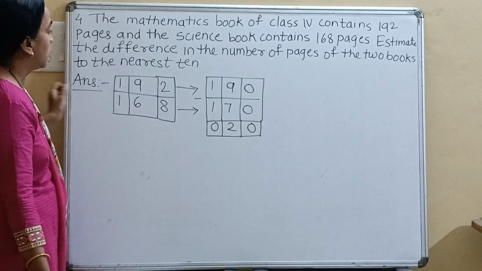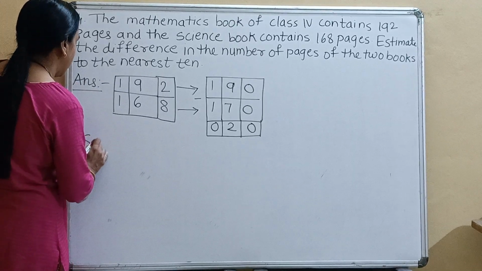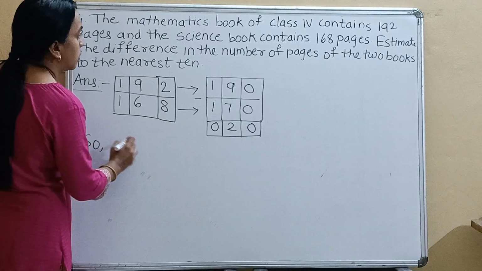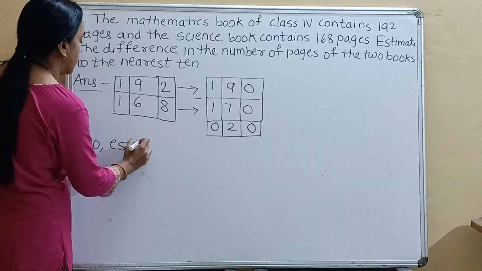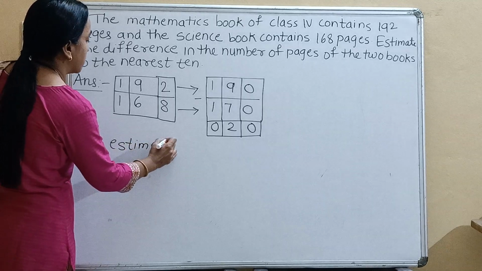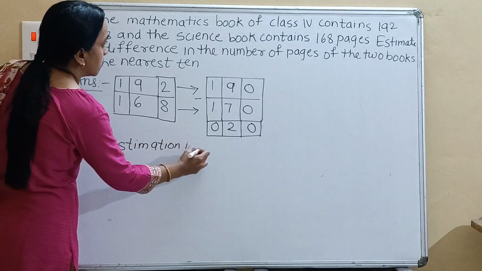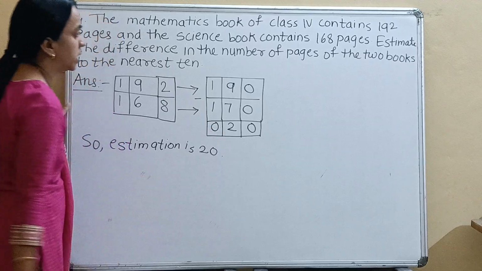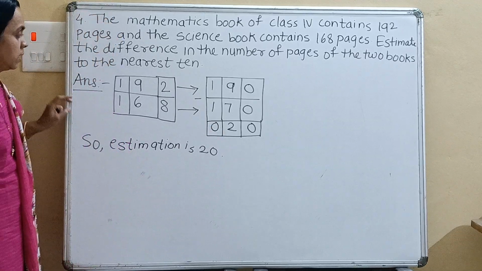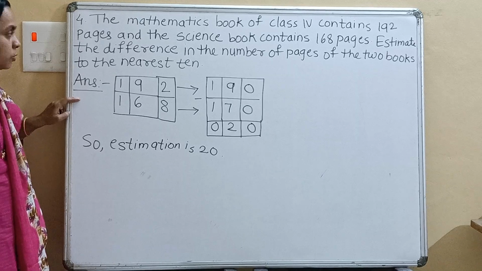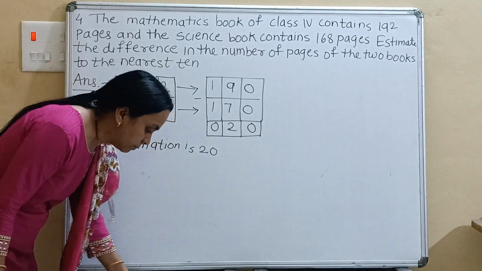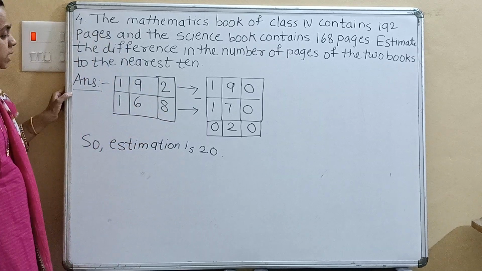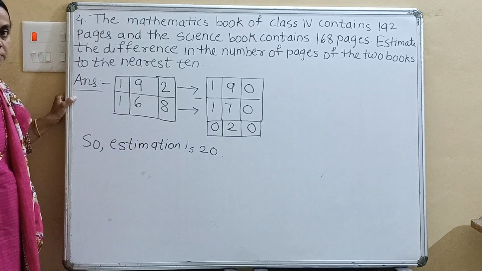Okay, so estimation is 20. We can write down in your notebook. Okay, so this complete exercise 4.10 you have to complete in your notebook. So complete this question number 4.